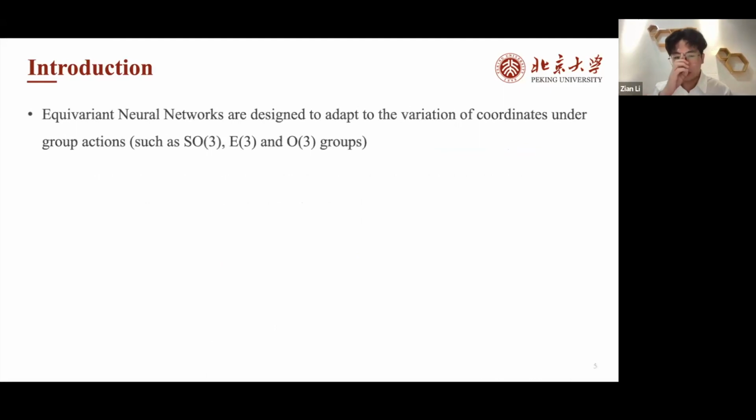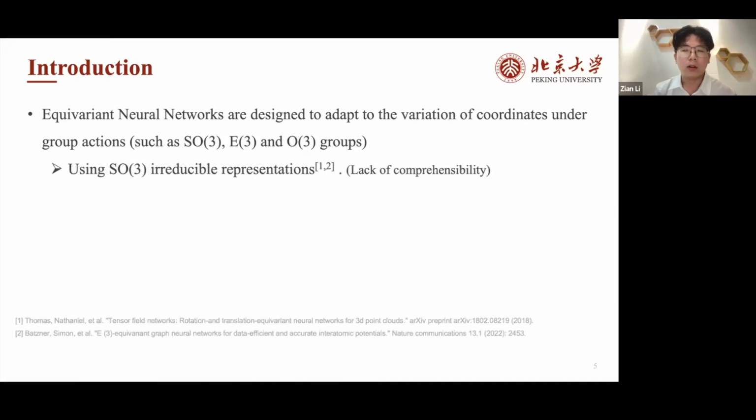In the past few years, many equivariant neural networks have been designed to adapt to the variation of coordinates under group actions, for example the SO3, E3, and O3 groups. These include works using SO3 irreducible representations, for example TFN and many following works.